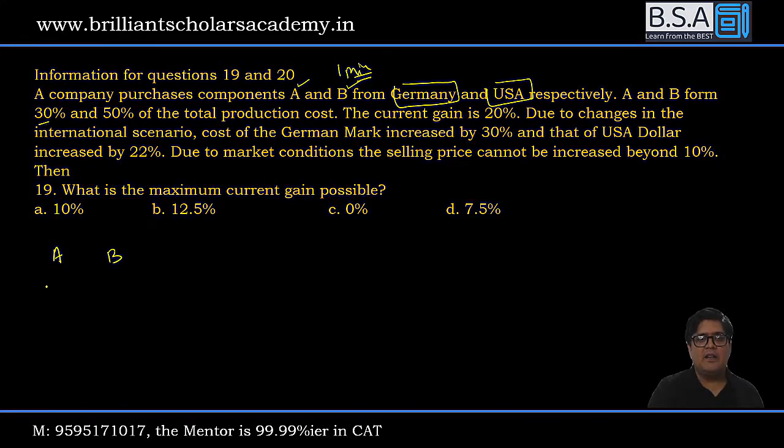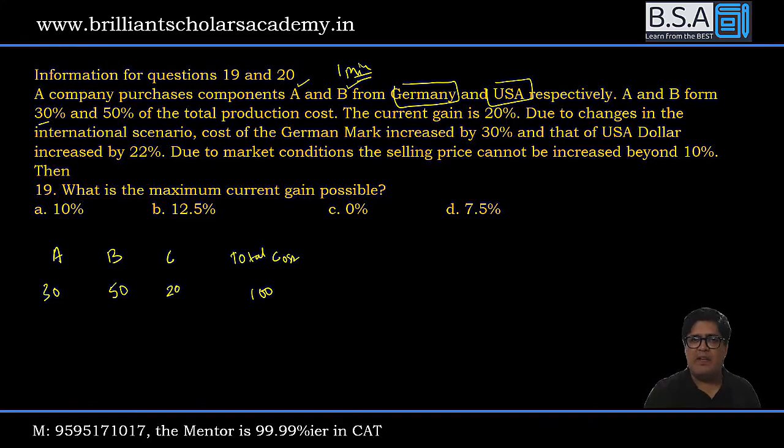They are 30% of the total cost and 50% of the total cost. 30 and 50 is 80. If I assume the total cost to be 100, there must be other components also, could be multiple components. So their price is 20.